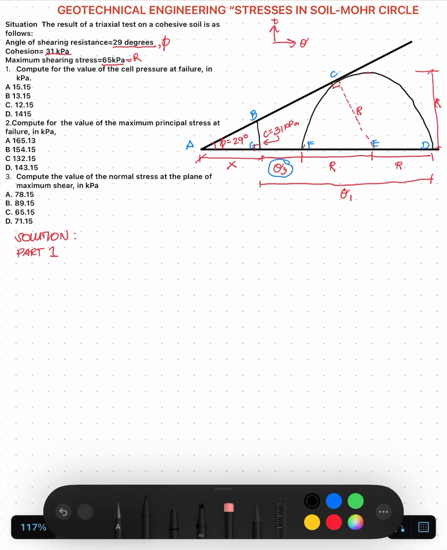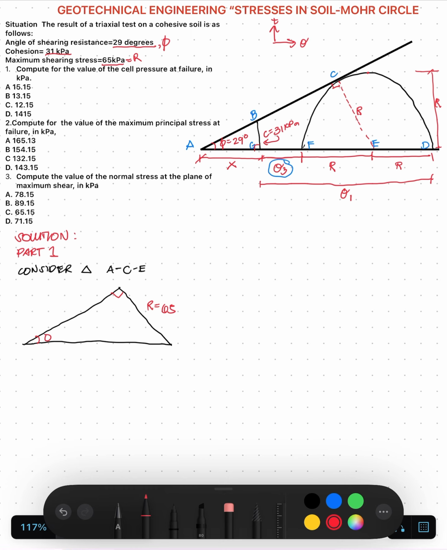Now, considering triangle ACE, this one is 90 degrees, and we have R, which is equal to 65 kPa.